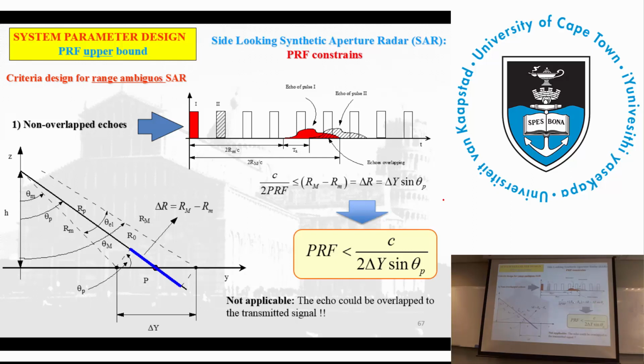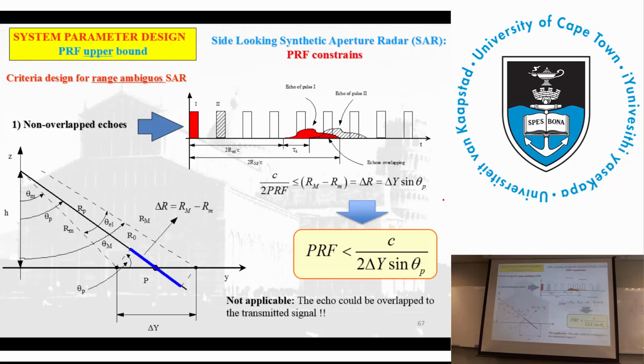So this is the slant, and this is the ground, which is here. Delta Y is the slant range projected onto the ground. So this, the blue one, is delta R. This is called slant range, and this is called ground range.